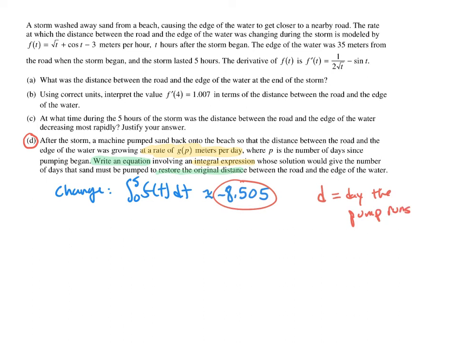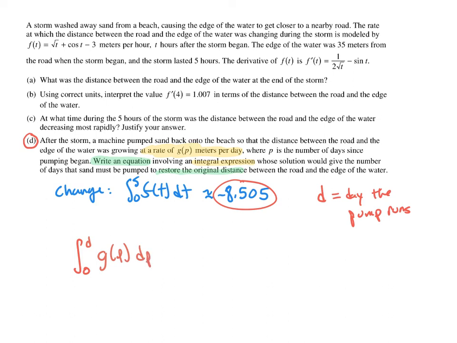Okay. So if I want to run this pump for a certain number of days, and I'm writing an integral expression, this is an accumulation. So I'm going to start my clock. My clock starts at 0. I'm going to run for D days, and I'm going to integrate the change, right? The rate at which the pump pops out sand, which is written something like this.